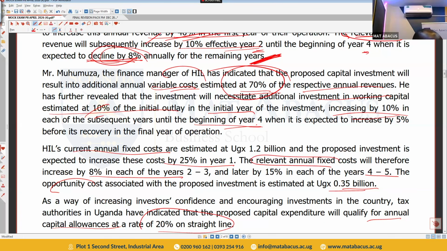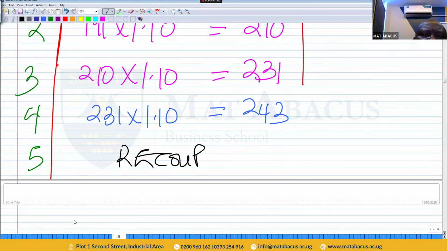So we need to correct something in year 4. Year 4, we are not growing by 10%. We are increasing by 5%. So this will be 1.05.